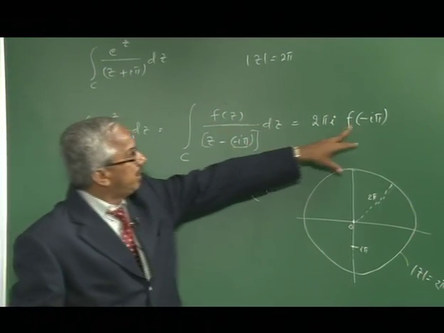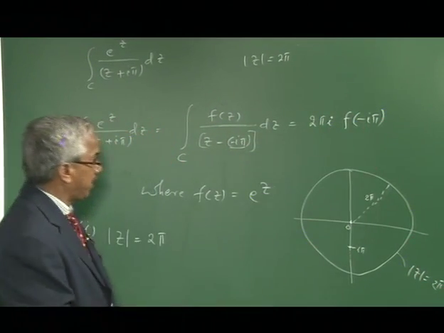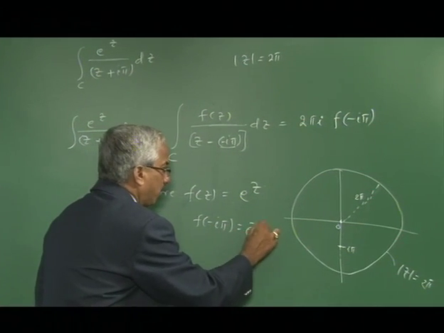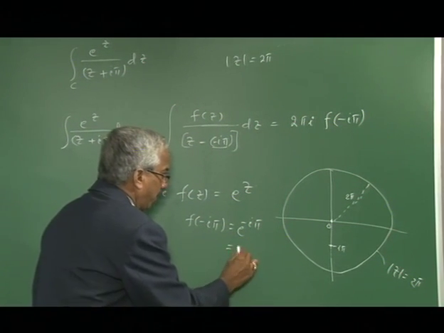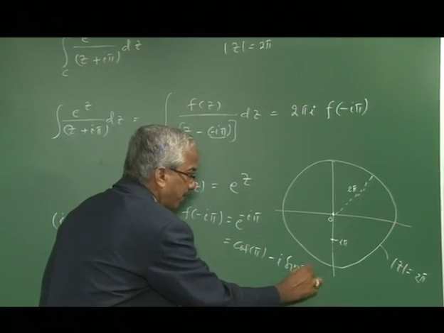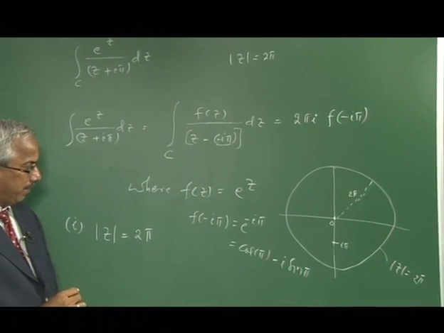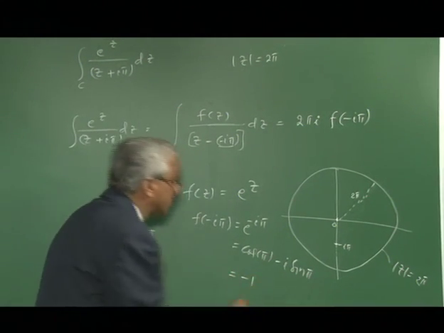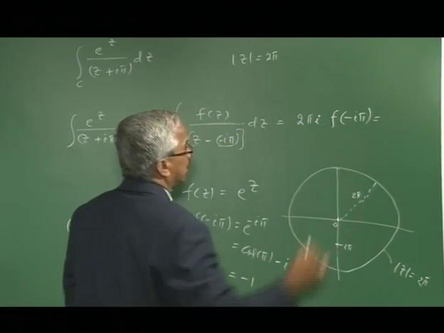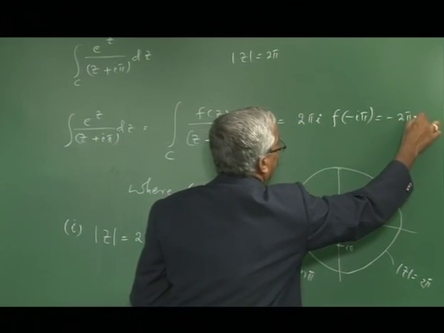Now f of minus i pi is equal to e power minus i pi, which means cos i pi minus i sin i pi, and that is minus 1. So I got the result, it is minus 2 pi i.